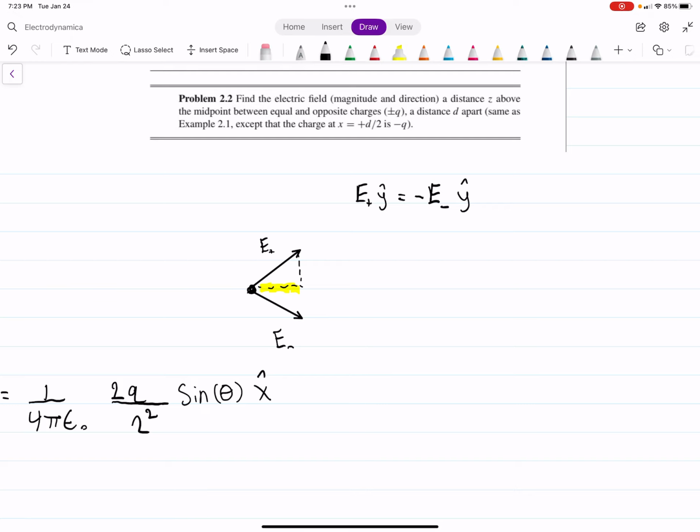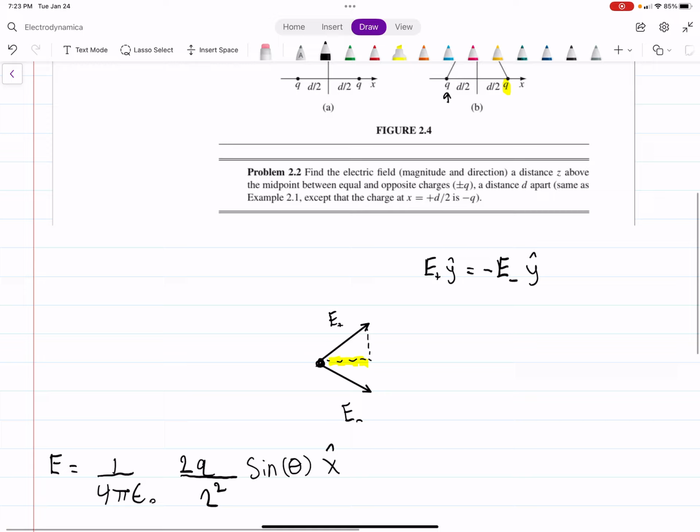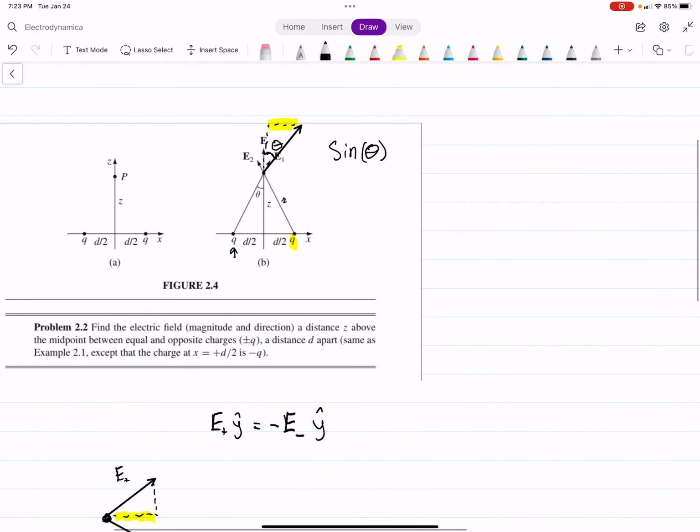So now what we can do is rewrite sine theta based on the geometry here. Hopefully you can see sine theta is equal to d over 2 over script r. So that's just going to be d over 2 script r.